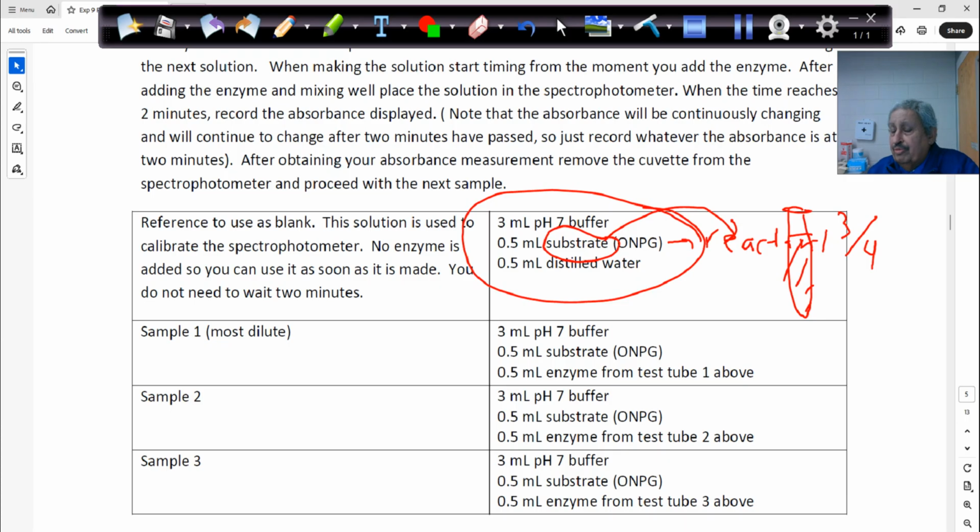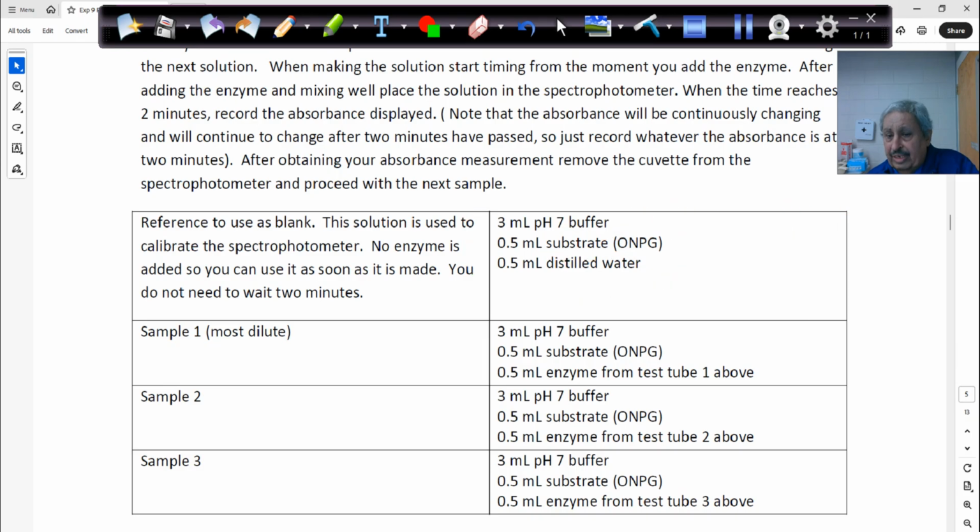So that's your blank. Before you start measuring anything, you put your blank in to test it, and you don't do anything else. After you do your blank, the software gets this as a blank. Then you will have the most diluted one, sample 1, test tube 1, correct?